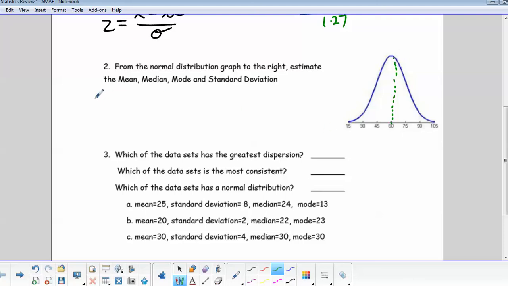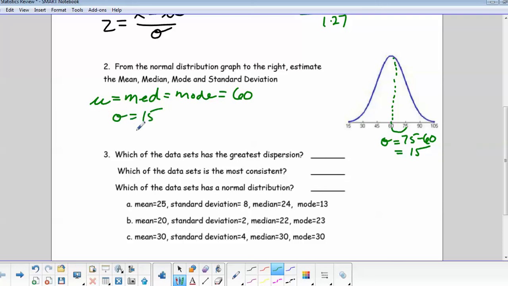So the mean is equal to the median, equal to the mode, and they all happen at 60. The standard deviation is how far the data point is to the next line. So this distance here is the standard deviation. So sigma is 75 minus 60, which is 15. So standard deviation equals 15.